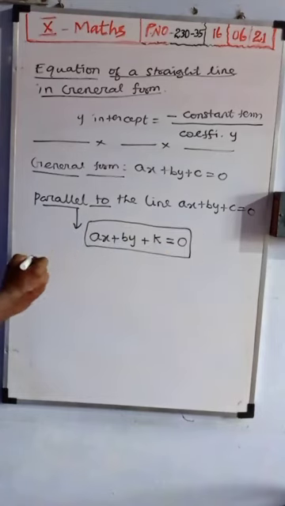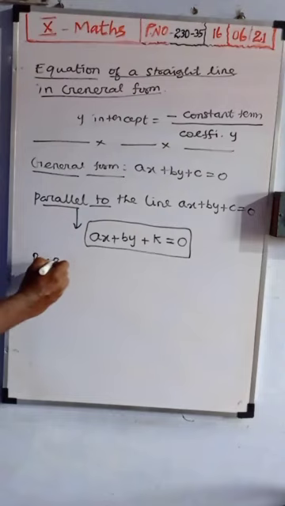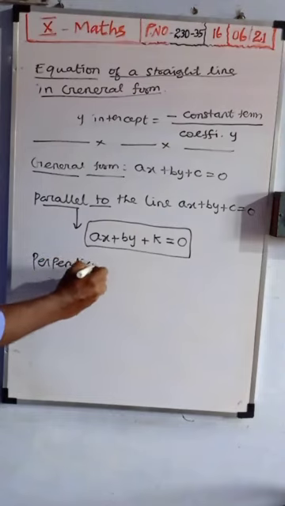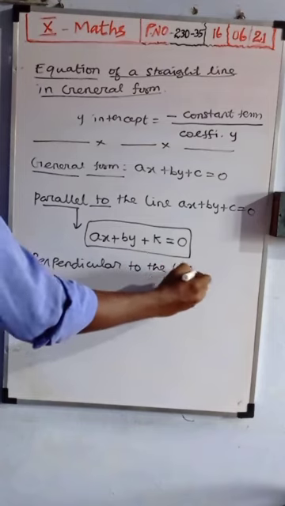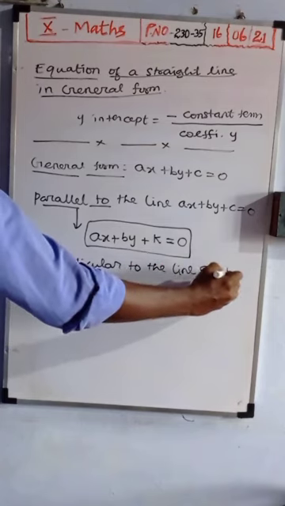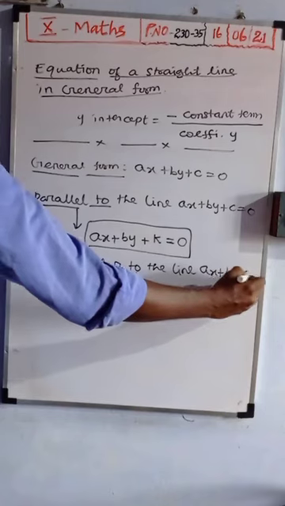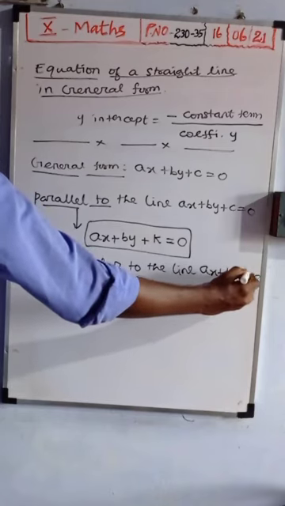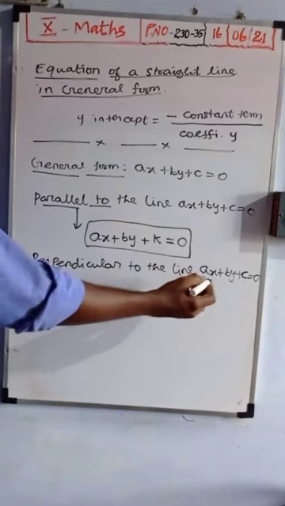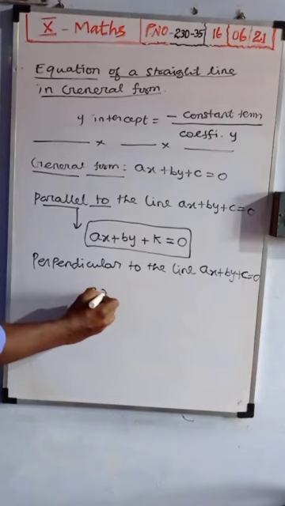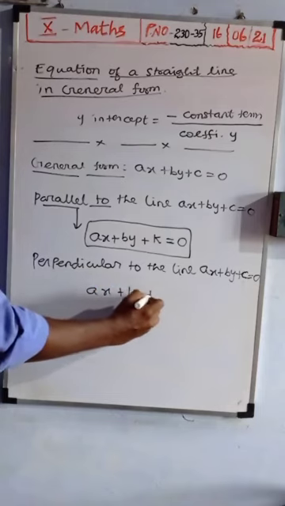Next, suppose a line is perpendicular to the line ax plus by plus c is equal to 0. What is the perpendicular line? To find it, you want to interchange the coefficients a and b in ax plus by plus c is equal to 0.